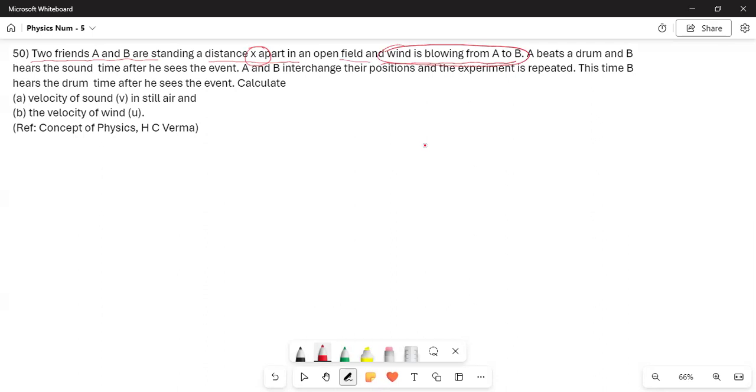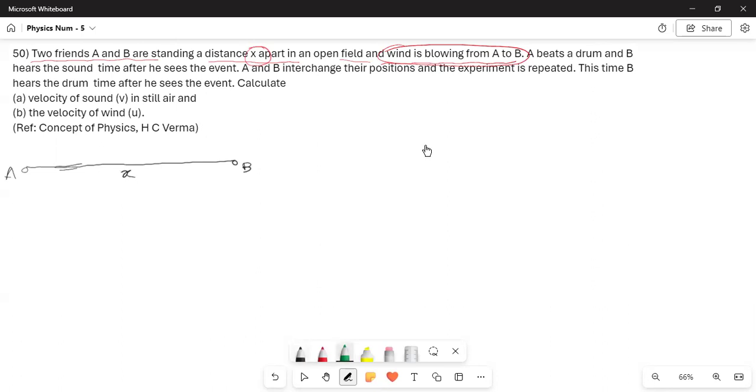So let's draw the diagram once again, as usual. Say this is an open field, and this is where A stands, and this is where B stands, and they are x distance apart.